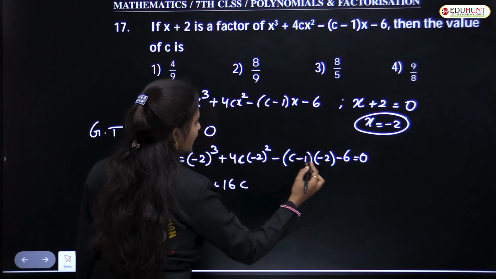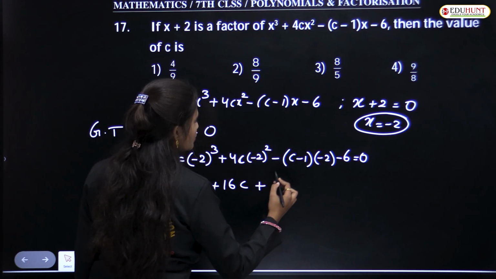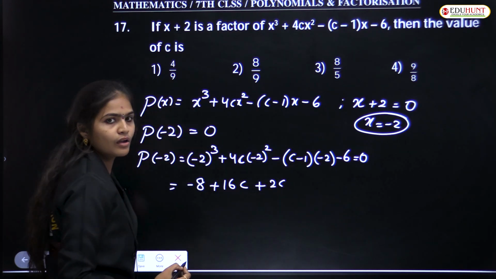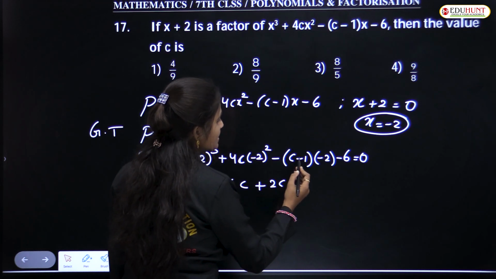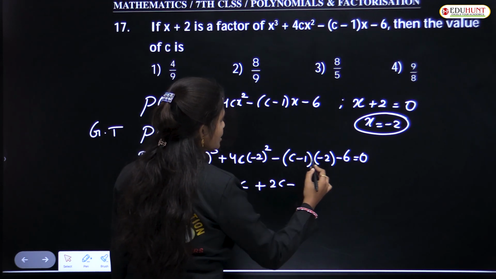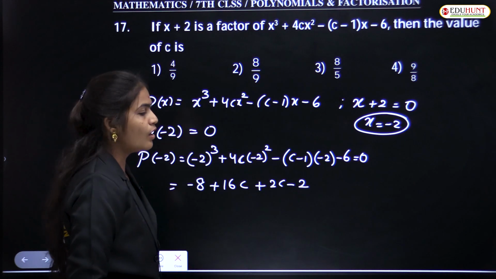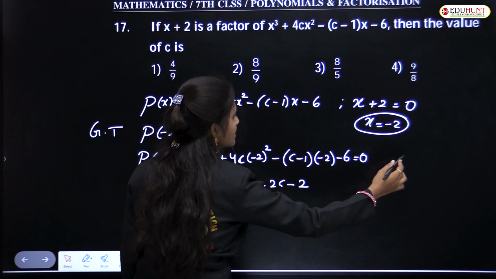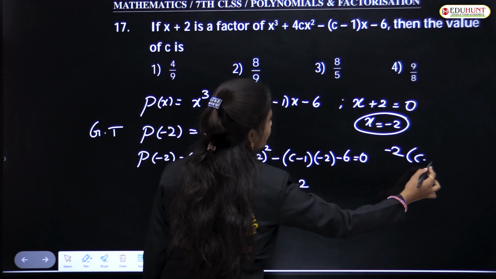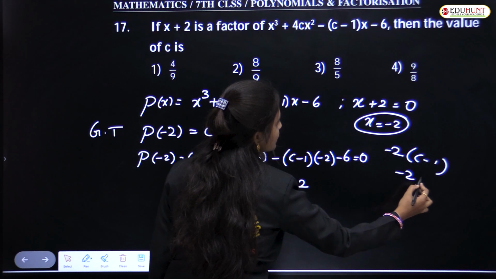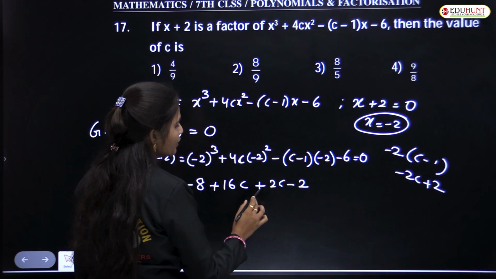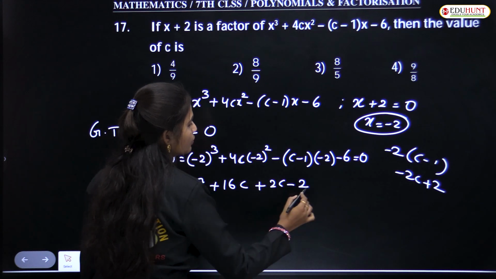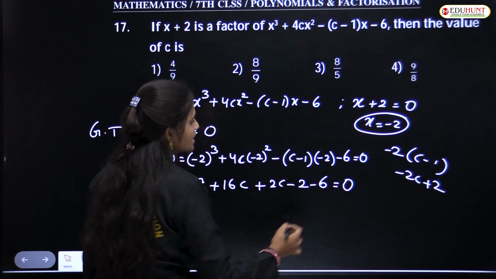Minus into minus is plus, 2 into c is 2c. If you have any doubt, check like this: minus 2 into (c minus 1) is minus 2c plus 2. Again the minus symbol is there, so plus 2c minus 2, minus 6 equals 0.